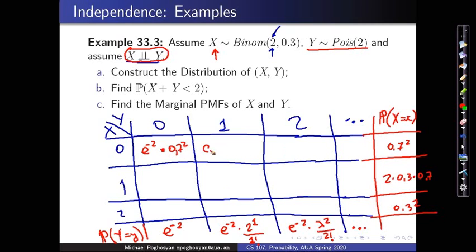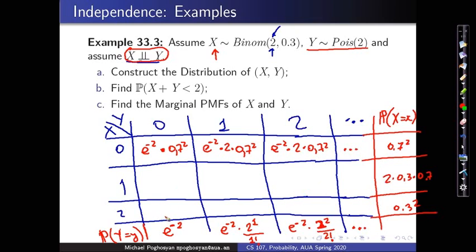So e to the minus 2 times, well, 1 factorial is 1, times 2 times 0.7 squared. Well, this lambda is 2, in fact. Let me correct that. 2 squared over 2, 4 over 2, again 2, times 0.7 squared, etc.